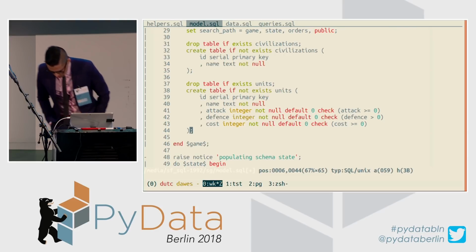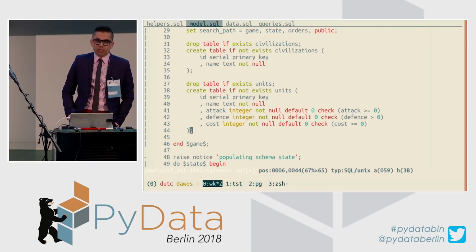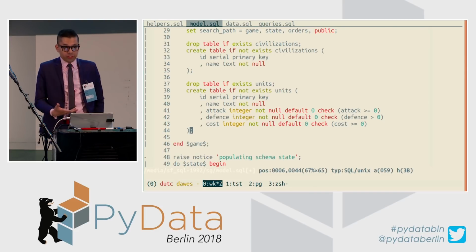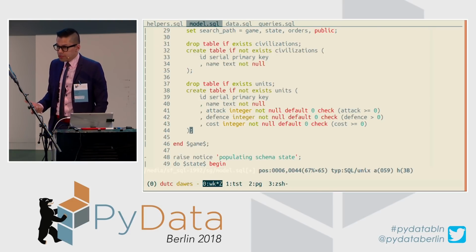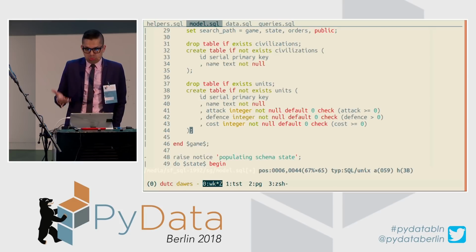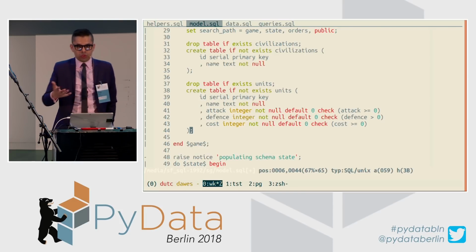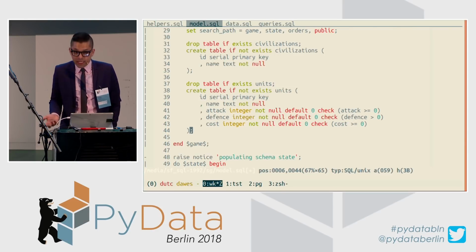Now, one of the reasons that we'll practice this data-first modeling is that the actual clients that interact with this game may change over time, that the logic that we have in those clients might require a lot of repetition to enforce constraints, like we don't have ships that have a negative attack rating or a negative defense rating or cost a negative amount of money.